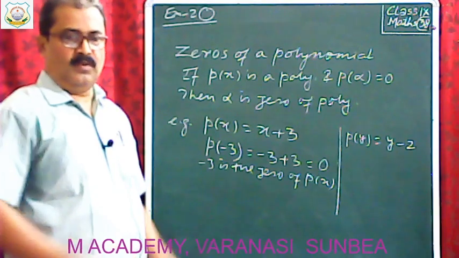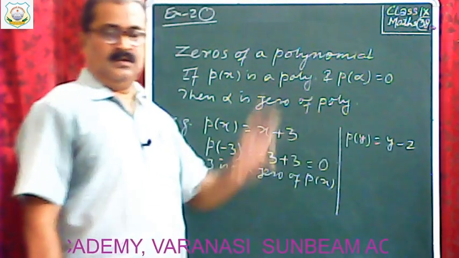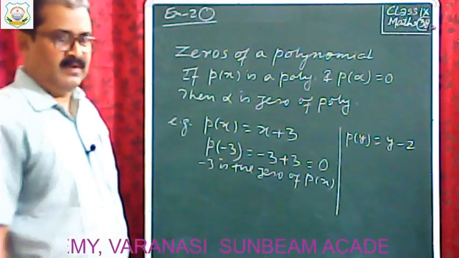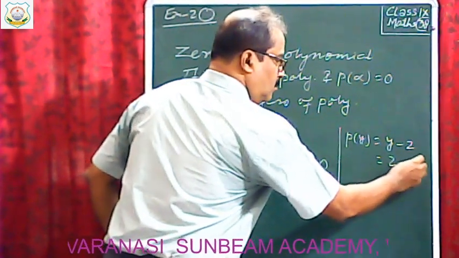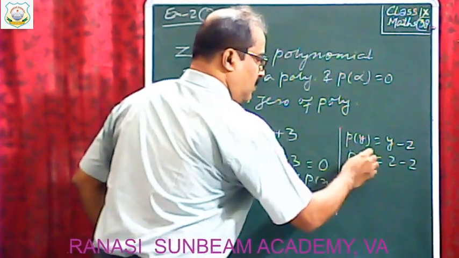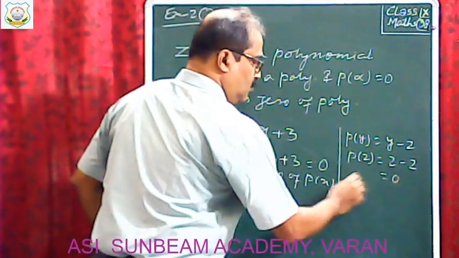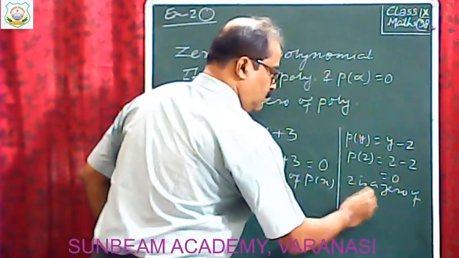So what is the 0 of a polynomial? What value do you have to put in place of y, so that after calculation we get the value of the given polynomial as 0? You have to put 2, since 2 minus 2 equal to 0. Then we can say that 2 is a 0 of p(y).